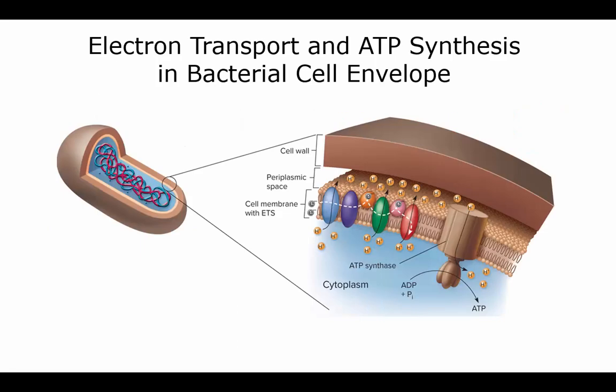So if I show you a picture of this, and you can see this in your book, depending on what page you're at this point, but you can kind of see this when you scoot past the mitochondria on page 245. They'll show you within a prokaryote. See, here's your cell wall, right? That's the outer layer. Here's that cell membrane, and so this is the periplasmic space. So this is ATP synthase, this is that protein, and so as electrons get passed from one protein to the next, hydrogen is going to get pumped out.